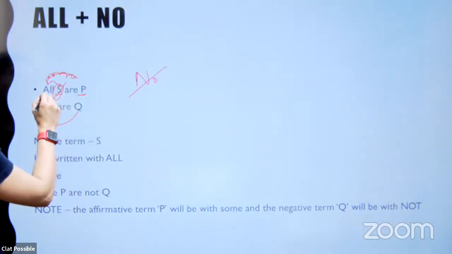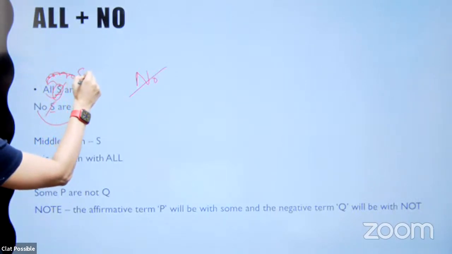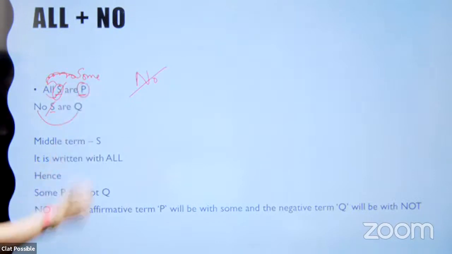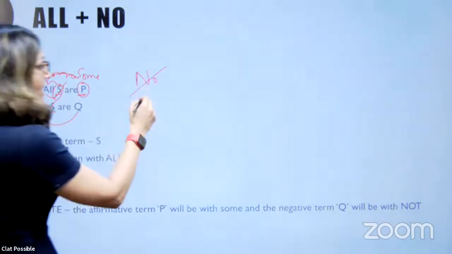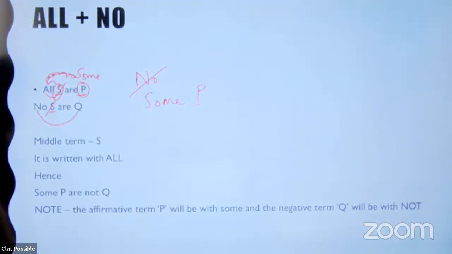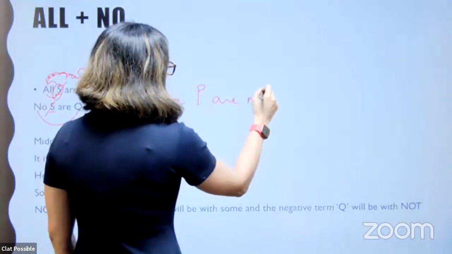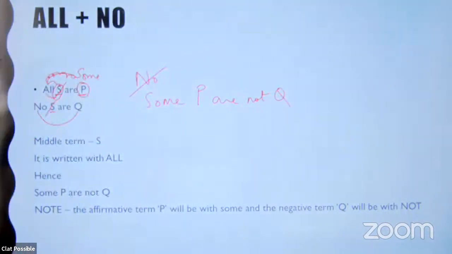But if I say all S are P, I cannot say all P, but can I say some P? So the no answer is out. I'm going to say some P. No Q remains no Q. Therefore, my answer will be some P are not Q.